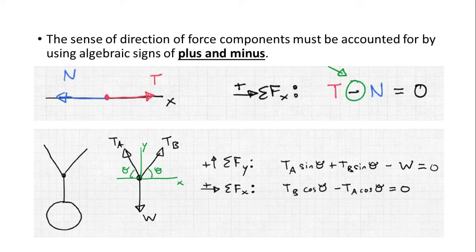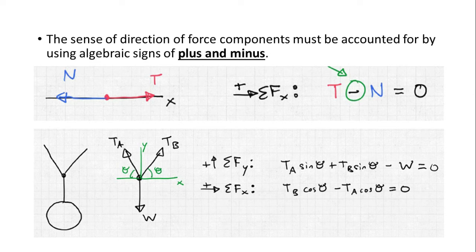If I look at it, there is another force, and that force is the weight. So we add the weight also in sigma Fy, because the weight is acting along the y-axis. But Ta sine theta and Tb sine theta were positive. What happened to the weight? The weight is added, but we have inserted a minus sign.